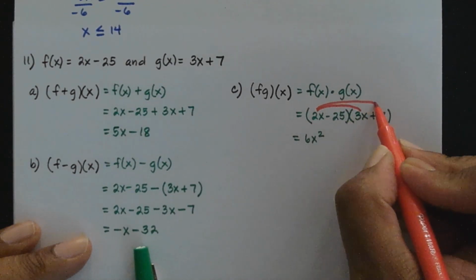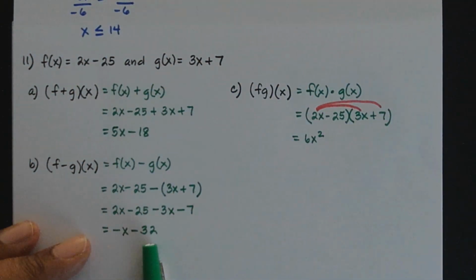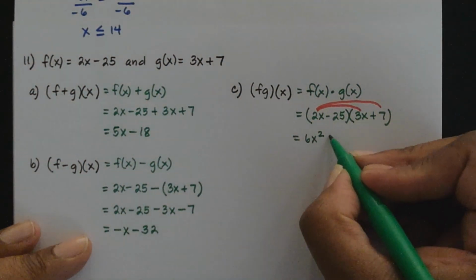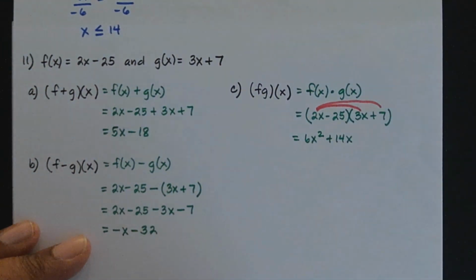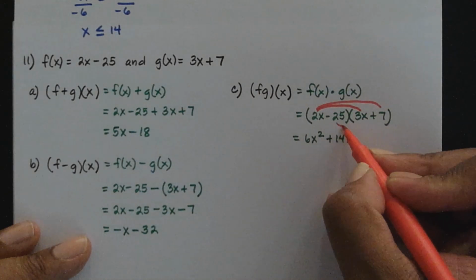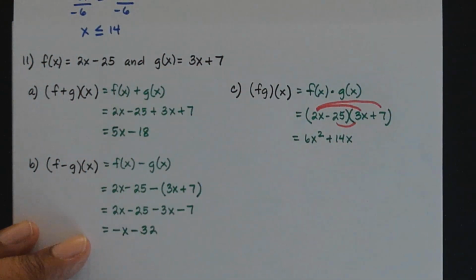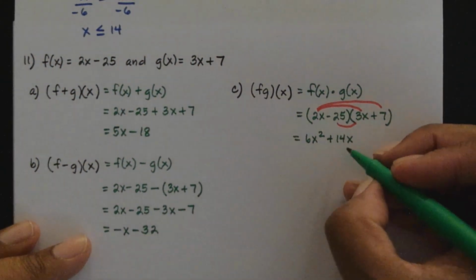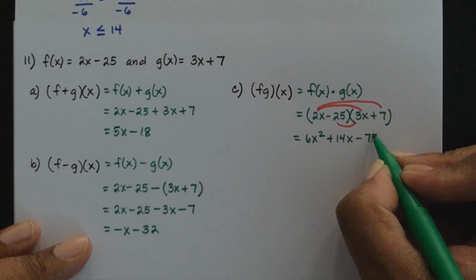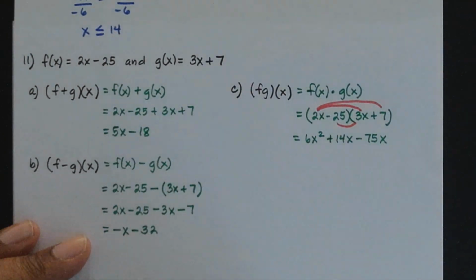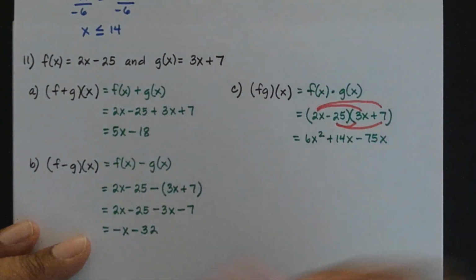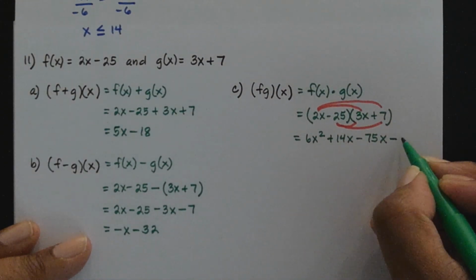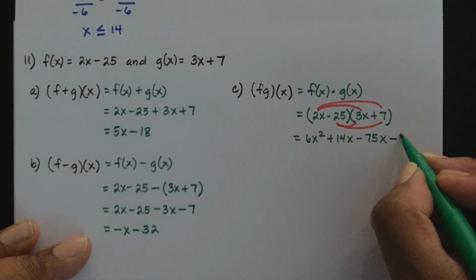The outer would be 2x times that plus 7, which will be a plus 14x. The inner, minus 25 times 3x, will be a minus 75x. And then minus 25 times that plus 7, well, negative times a plus would be a minus 175.